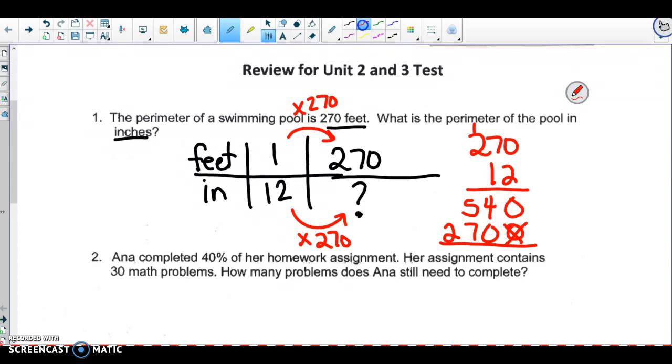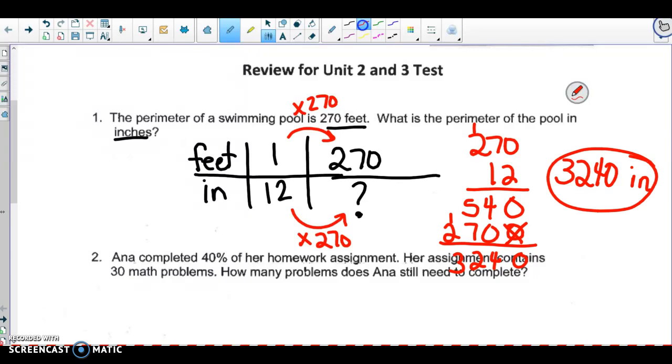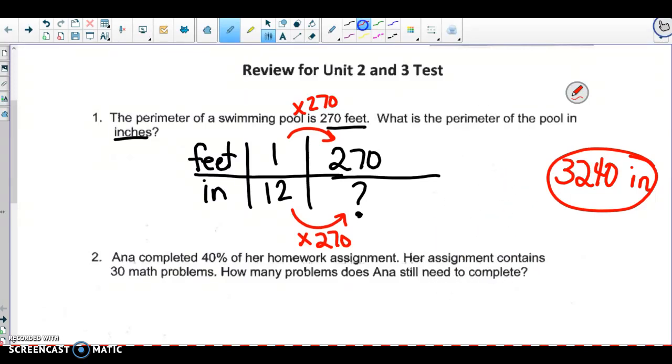And when I add, I end up with a 0, a 4, 12, so 3,240 inches would be my answer on that. Okay, I'm going to erase so I can see down below here.